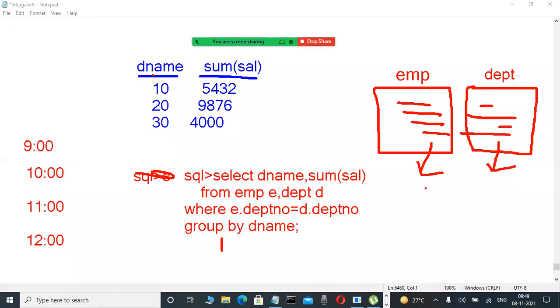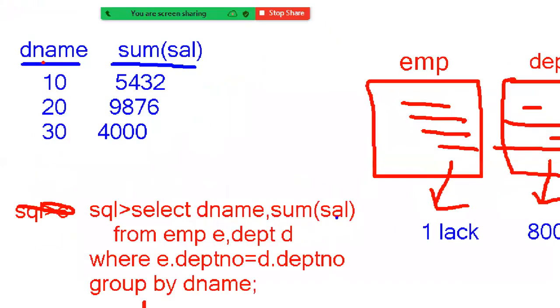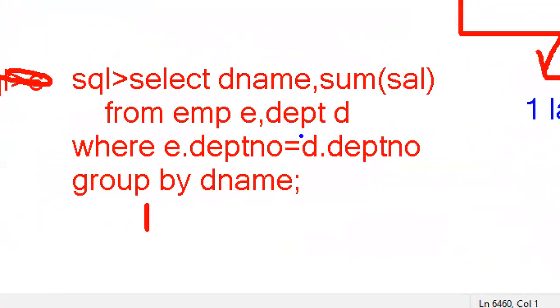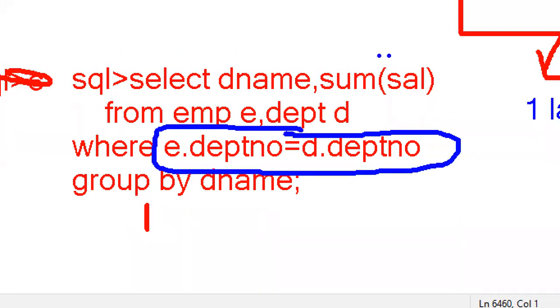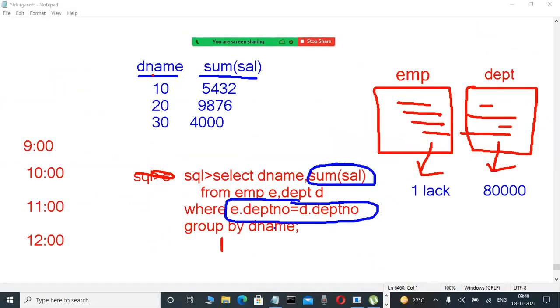But whenever a resource table has a large amount of data, suppose the EMP table has 1 lakh records and the DEPT table has 80,000 records, and you are also requesting a query using joins, and your query contains aggregate functions, that is, group functions, then those types of queries retrieve the data from the table very slowly.